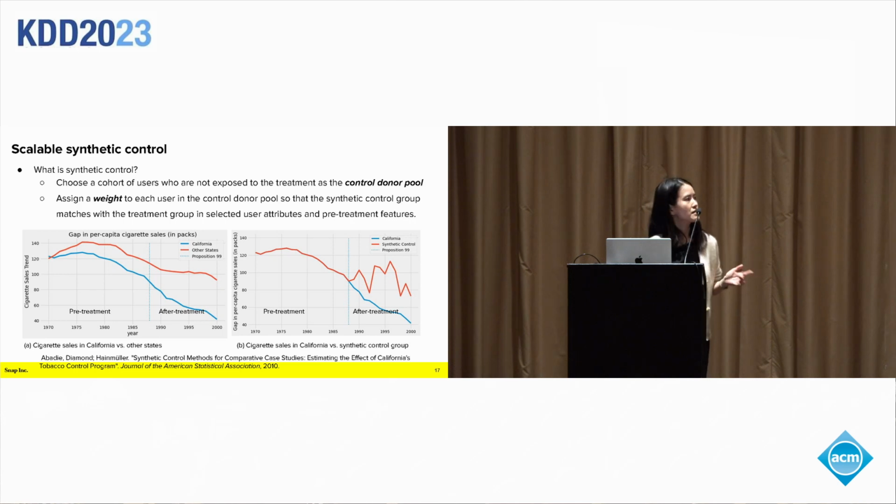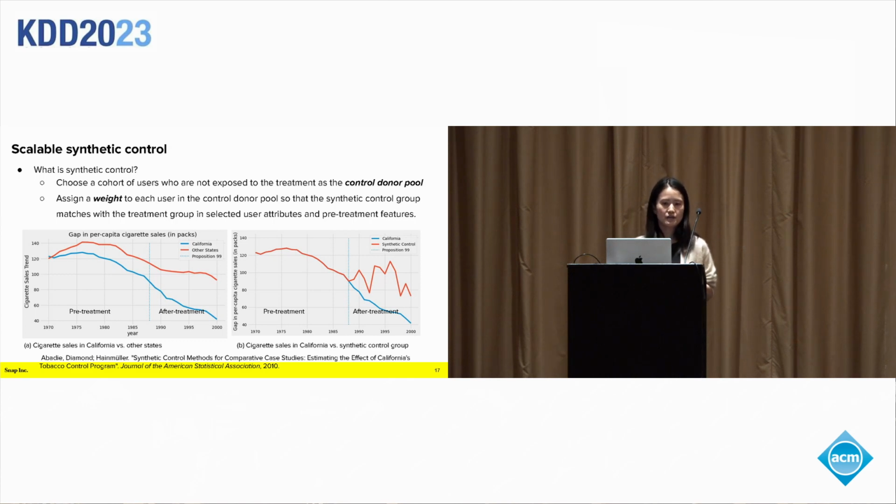So let's take a look at this example. The figure on the left-hand side shows the cigarette sales in California and other states from the 1970s to 2000. What happened in 1988 was that California passed Proposition 99, a regulation about the sales tax on cigarettes, and they increased the sales tax significantly.